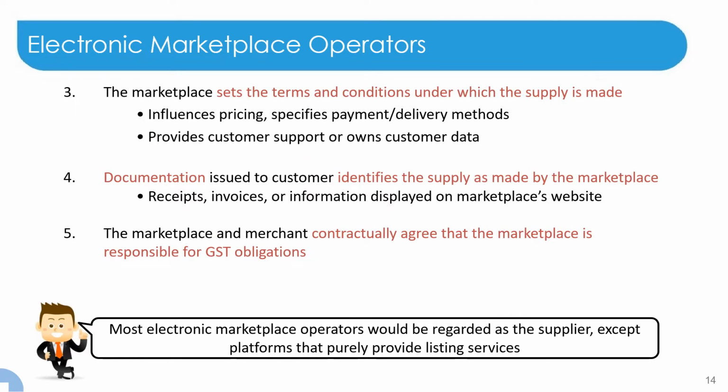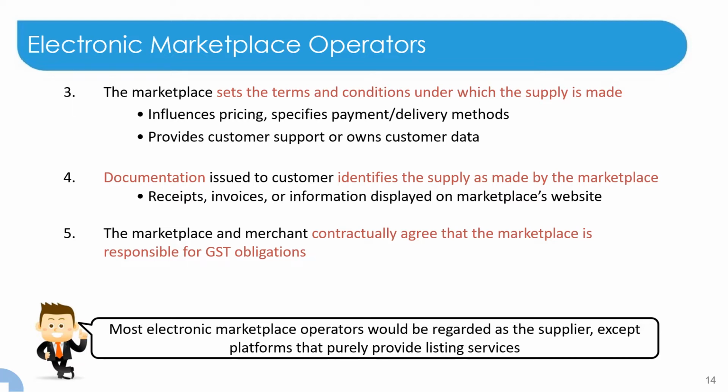The third condition is the marketplace sets the terms and conditions under which the supply is made. The marketplace may have influence over pricing, require specific payment or delivery methods, or provide customer support or own customer data. The fourth condition is the documentation issued to the customer identifies the supply as made by the marketplace.